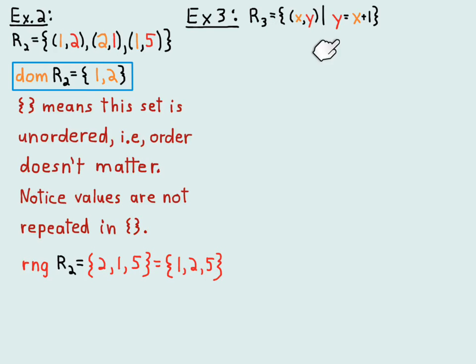It's called set builder notation. Usually we read it this way: R3 is the set of all ordered pairs x, y such that, we read the vertical line like "such that," y equals x plus 1. Okay, so it's just going to be the points on the line y equals x plus 1.